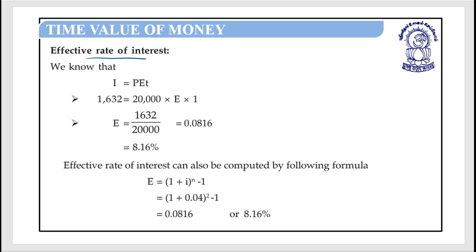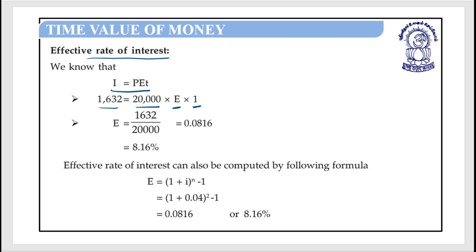Now, effective rate of interest. There is a formula I is equal to P, E into T. Here we have to find out E, effective rate of interest. So put the values: I is equal to 1632, P is 20,000, T is 1 year.